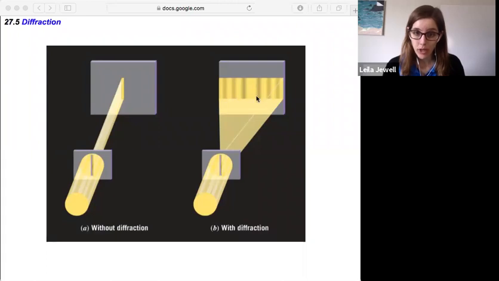You get a much brighter and wider spot in the middle that's wider than the opening. And then you get these key dark fringes with light that's bending around the corner to be much wider than just the opening itself.